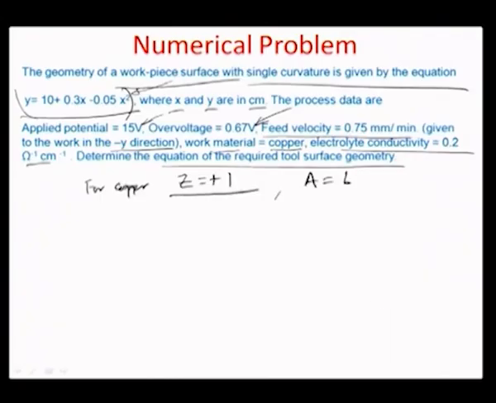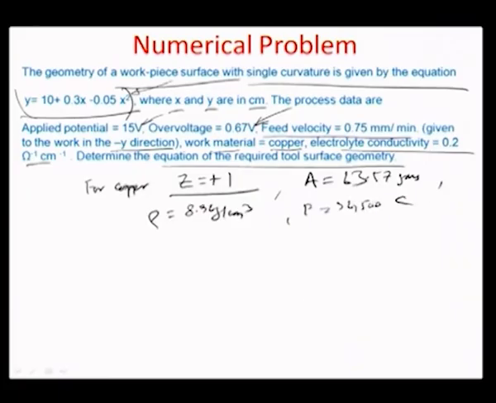The atomic weight of copper, the work material, is 63.57 grams, and the density rho is 8.96 grams per centimeter cube, and the value of F is 96,500 coulomb.